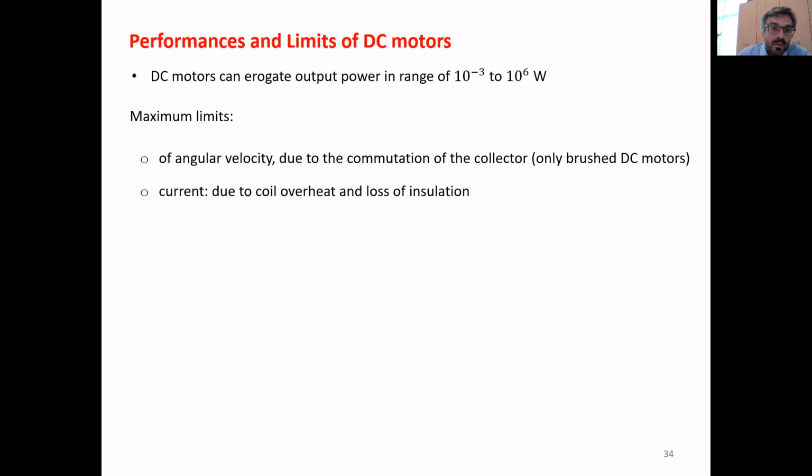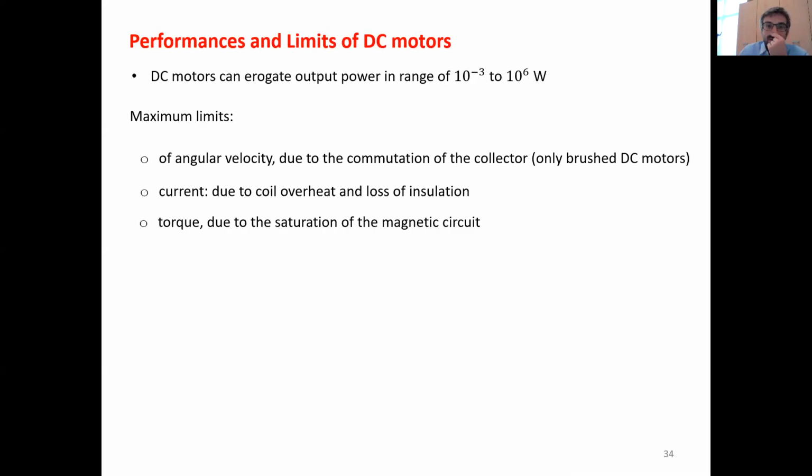In the coil, we can have overheating, and overheating creates a loss of insulation in the coatings that cover the coil, and this creates short circuits. So most of the time, the reason for which electrical motors get damaged is this loss of insulation and short circuit.